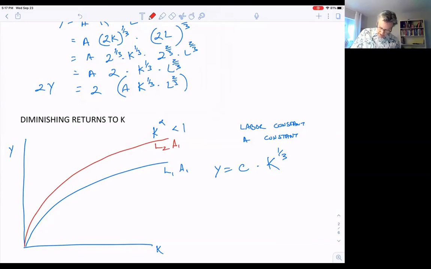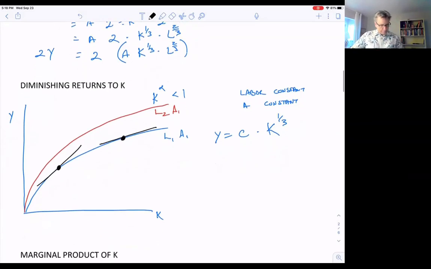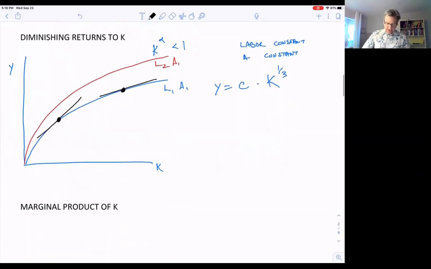So we can see here this diminishing returns. I'll put this in, say, black. We can see the slope of this is decreasing. So right here, the slope is something like that. Over here, it's something like that. So the slope is positive, but decreasing. The slope is called the marginal product of capital.